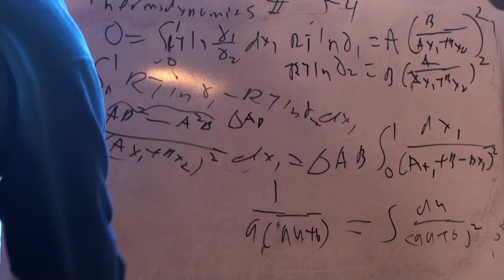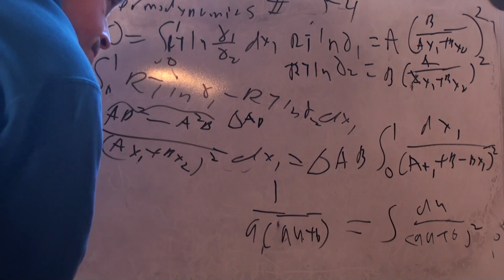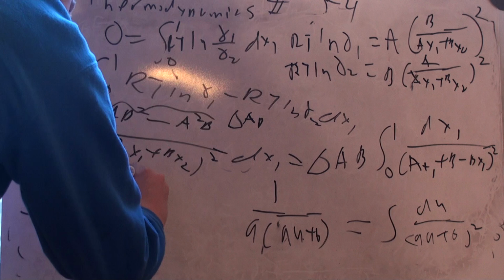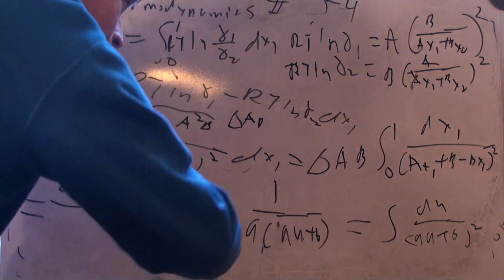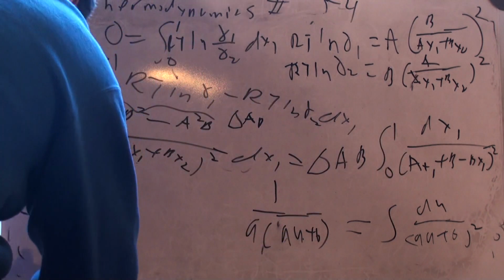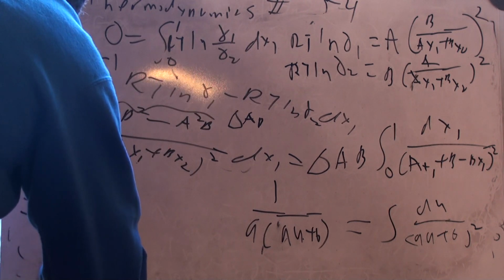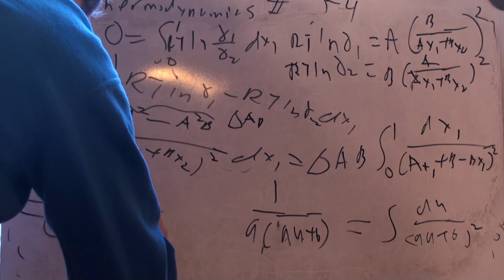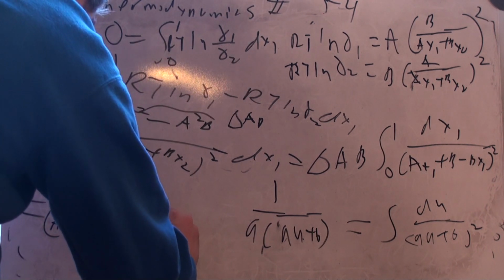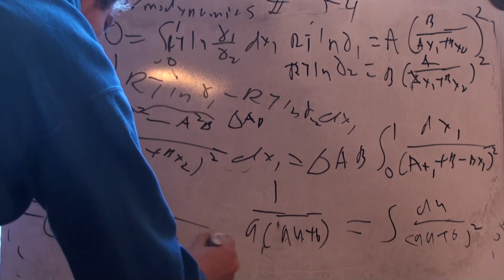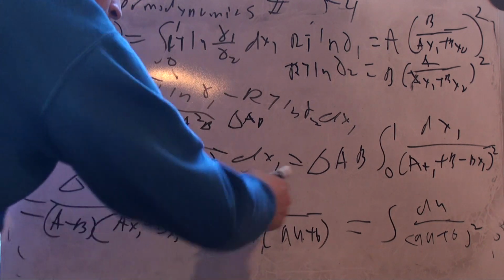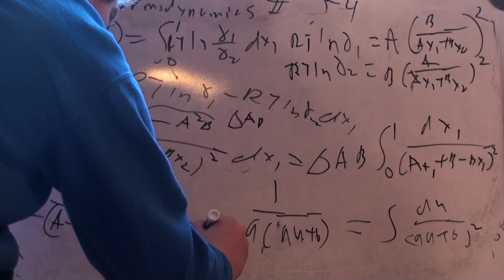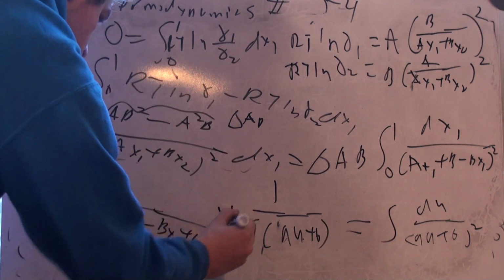So if I bring that over, I have delta AB all over A. A in this case is A minus B. So I've got A minus B times (A minus B) x1 plus B, from 0 to 1.